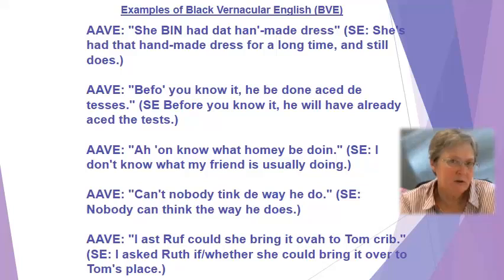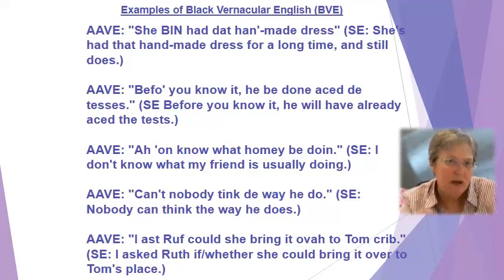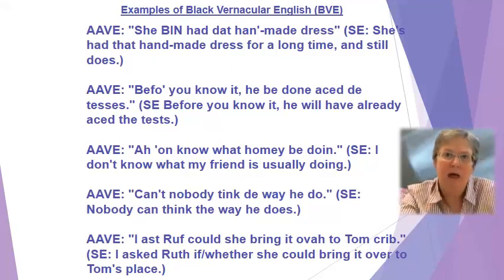Isn't that interesting? And that helps us understand that African American English comes from having been a pidgin, which then is taught to the next generations and becomes a Creole. So African American English is a Creolized form of English, but it has its own rules. It has its own structure. And that's why Ebonics is being taught in some schools now to help African American speakers first learn the structure of their own home language, and then how to adapt that to standard.